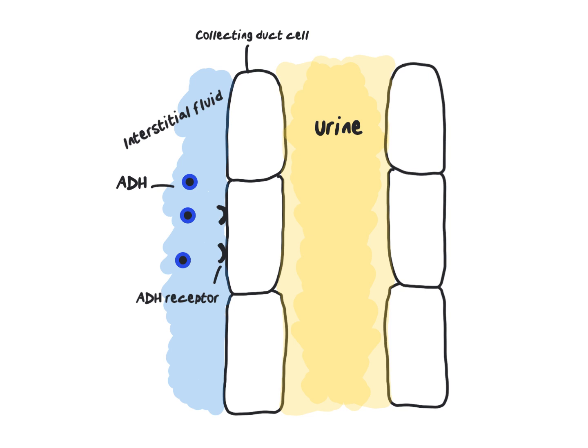So we have the ADH here, and you'll see ADH receptors on the cell surface of the collecting duct cells. That will tell you, if you're going back to hormones, and you're probably already thinking this through, that it is a non-steroid hormone. It cannot pass through the plasma membrane, so it will have receptors on the surface of the plasma membrane, and it will act through, you guessed it, our second messengers.